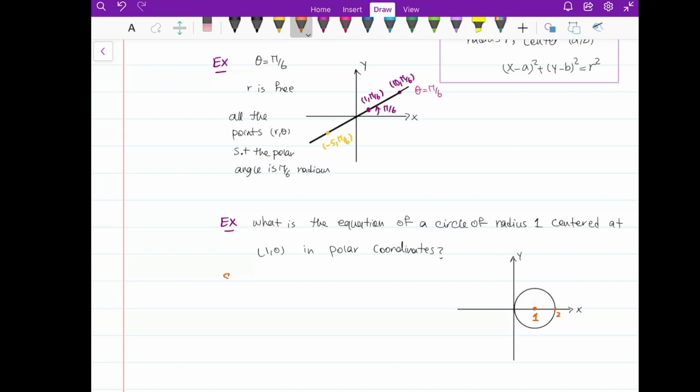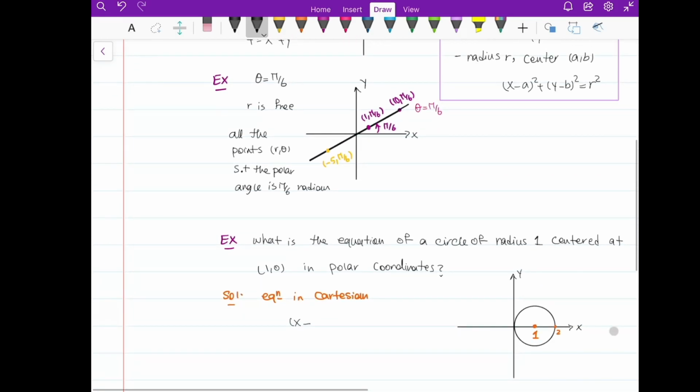The equation of that in Cartesian is, let's go back to the recall, (x minus 1) squared plus (y minus the y coordinate of the point) squared equals r squared, and r is 1. So that's the equation of this circle.